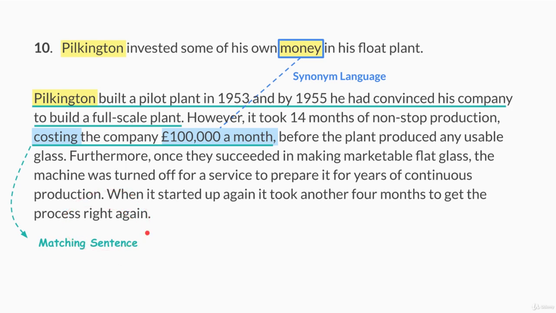So let's read our matching sentence. Pilkington built a pilot plant in 1953, and by 1955, he had convinced his company to build a full-scale plant. However, it took 14 months of non-stop production, costing the company £100,000 per month. All right, so you have the matching sentence right here.